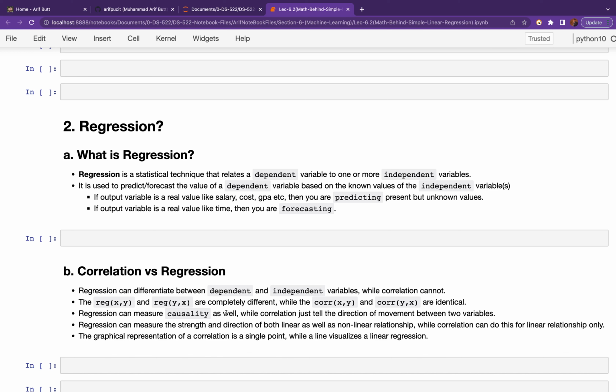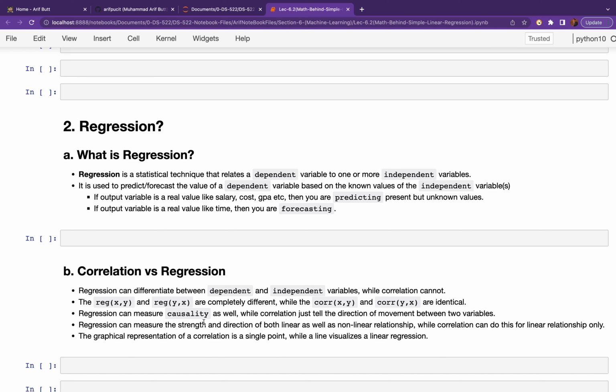For example, if you want to find out the salary package of a graduating student given his or her GPA, then this is prediction. And similarly, if you want to find out the total sales of a company in the upcoming year, let's suppose 2023, based on the sales in the last 15 years, then you are forecasting.